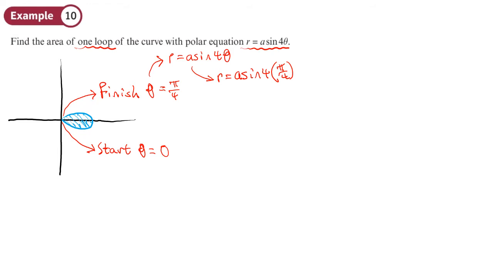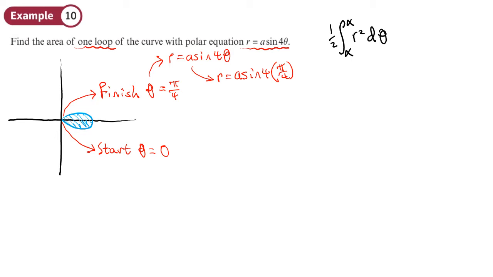So it's not pi over 2, because that's when we're going to get negative values. The first time where it becomes 0 is when the angle is pi over 4. So we have our limits and we have our equation. So we're ready to plug it into half the integral between alpha and beta of r squared d theta.